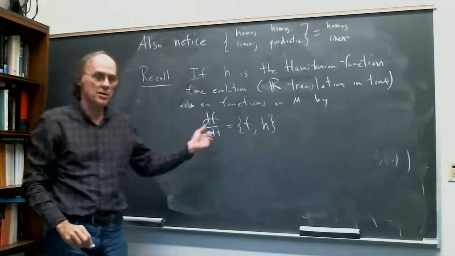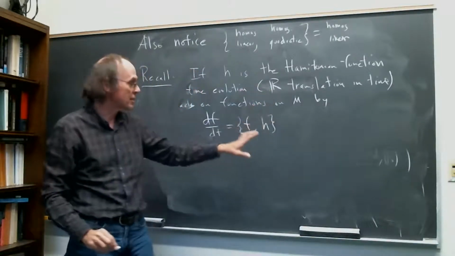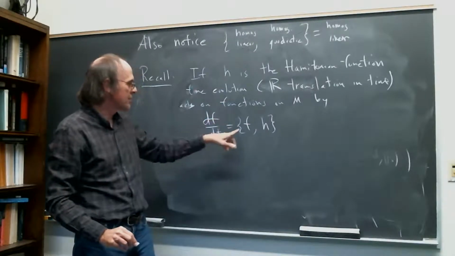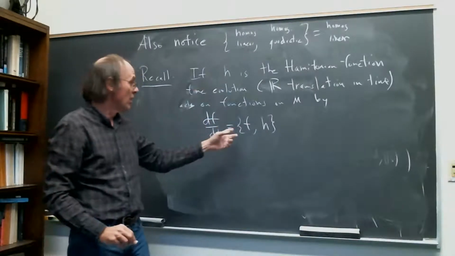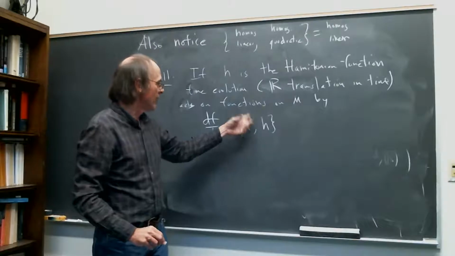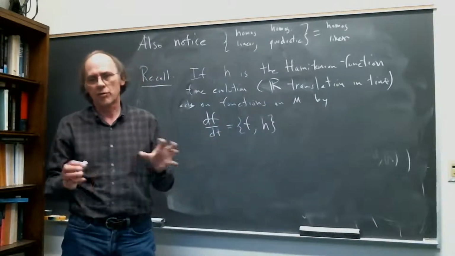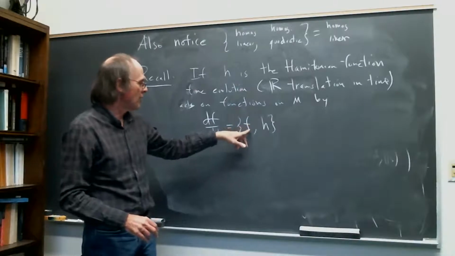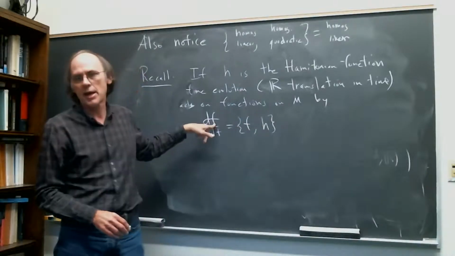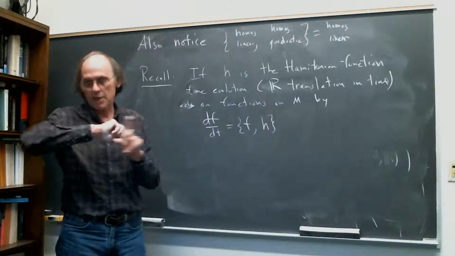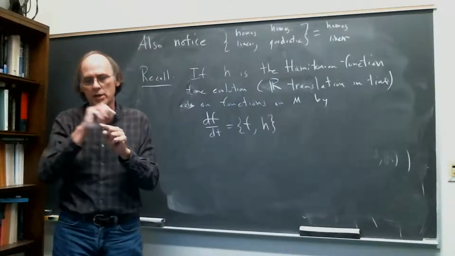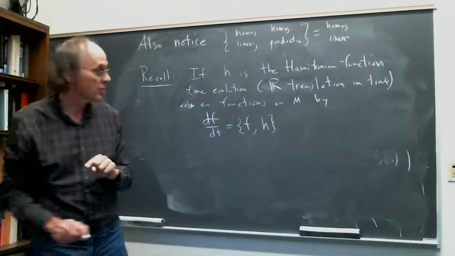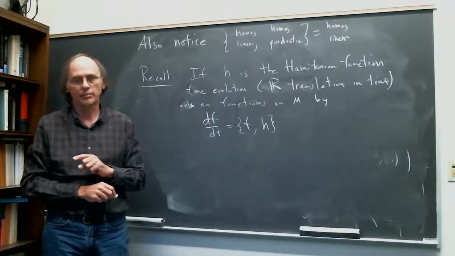Okay, so this is Hamilton's basic equation. This is the thing which tells you, if you've got any kind of observable f, which is some function of the p's and q's, how the values of this observable are going to change as you translate in time along solutions to the equations of motion.